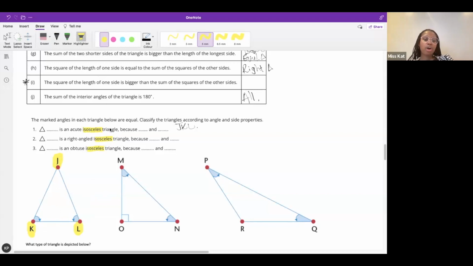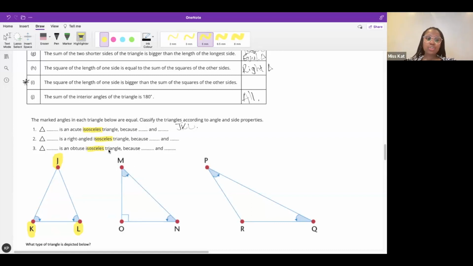Now let's move on. Obtuse. An obtuse angle is greater than 90, so it's a wide angle. Do you agree? Yeah. Do any of these angles in JKL look like they are wide and greater than 90 degrees? No, they don't. So it's definitely not an obtuse isosceles, right? Yeah.